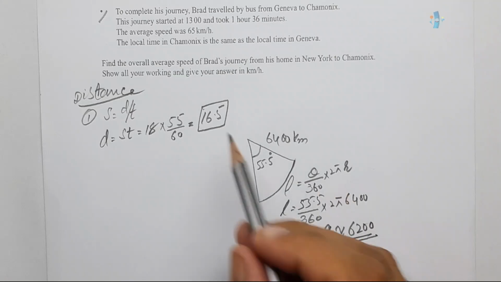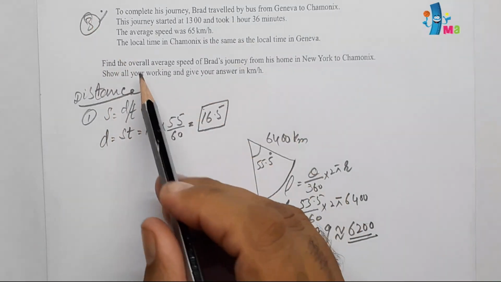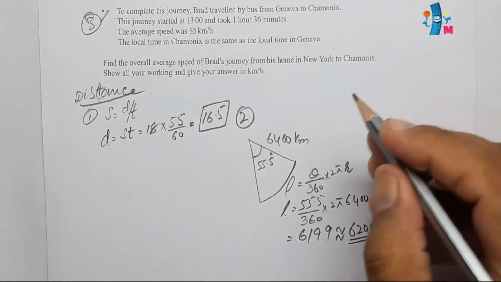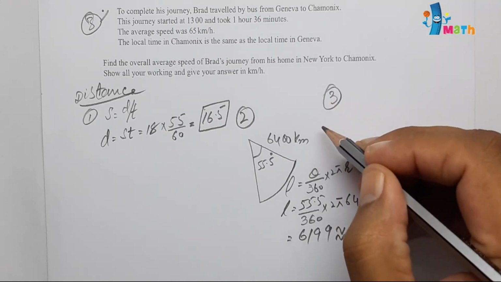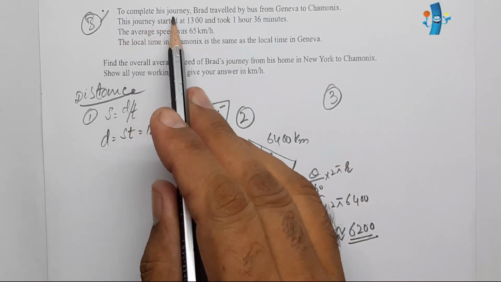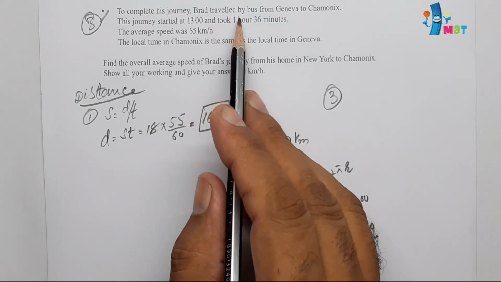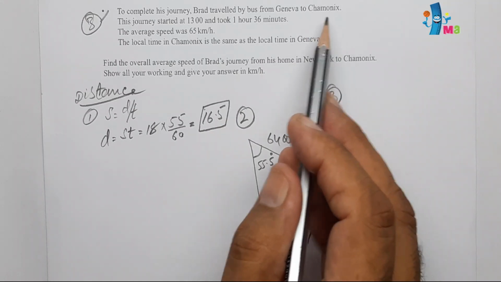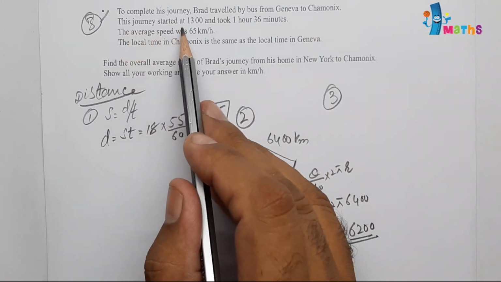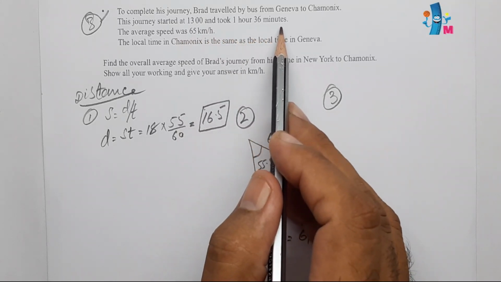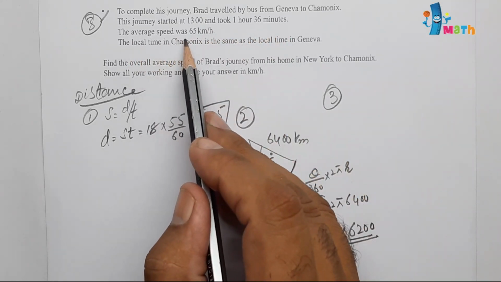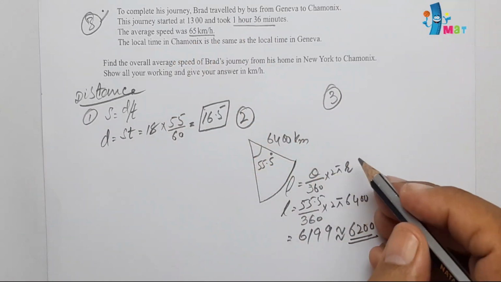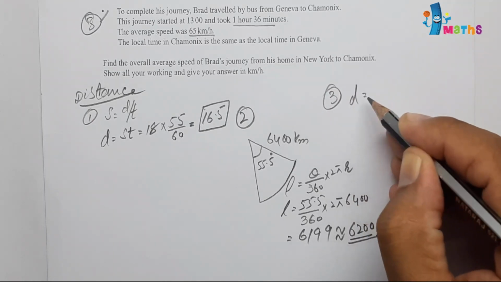Now the third section. We have solved the second section, and now the distance for the third section we can solve over here. To complete his journey, Brad traveled by bus from Geneva to Chamonix. This journey started at this time and took 1 hour 36 minutes. Time and speed are given, so again we use distance equals speed times time.